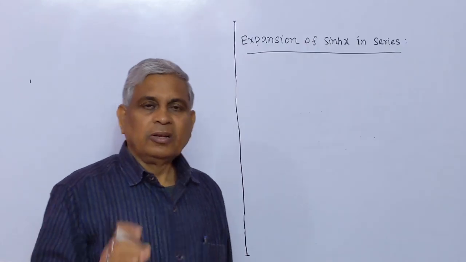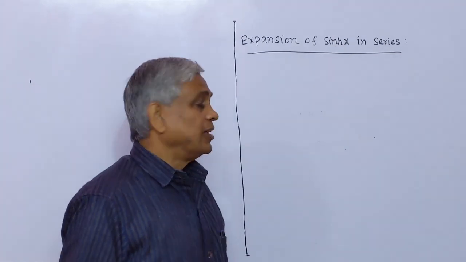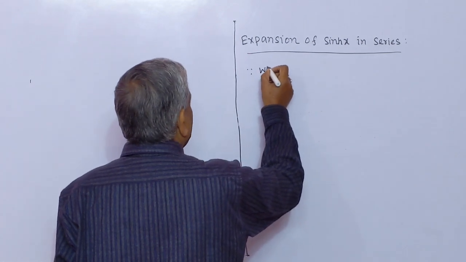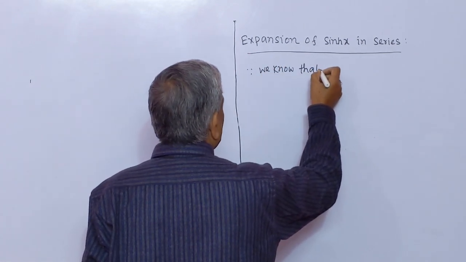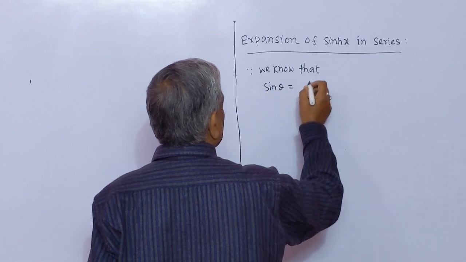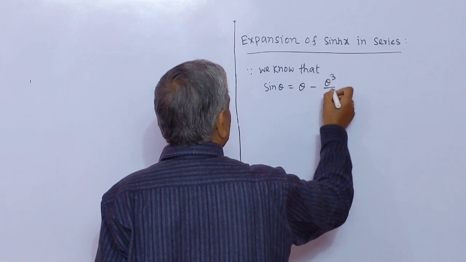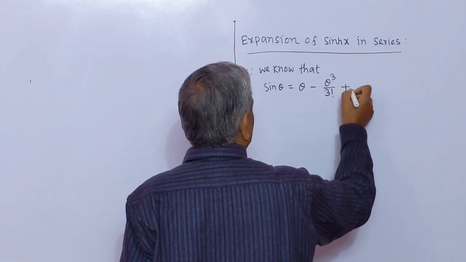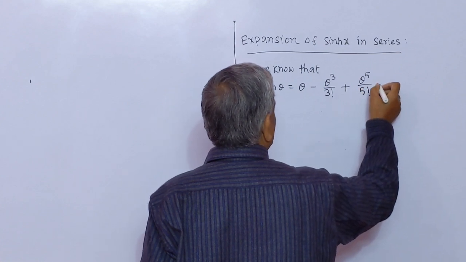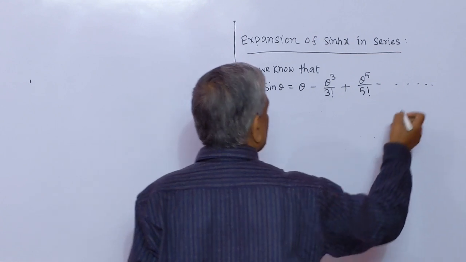Now we expand the hyperbolic sine function in series. Since we know that sin theta equals theta minus theta cube by factorial 3 plus theta to the power 5 by factorial 5 minus and so on. Let this be number 1.